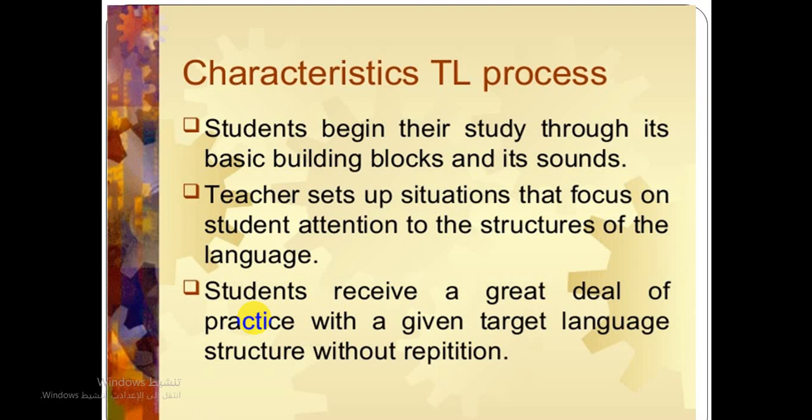The language is usually practiced in a meaningful context. Evaluation in this method is carried out by observation, and the teacher may never set a formal test. These are the main characteristics of the teaching and learning process.